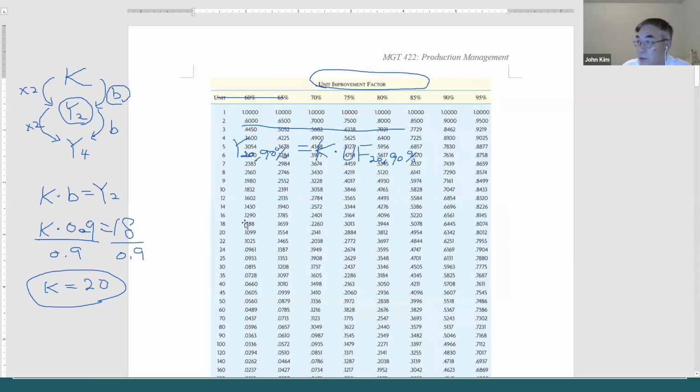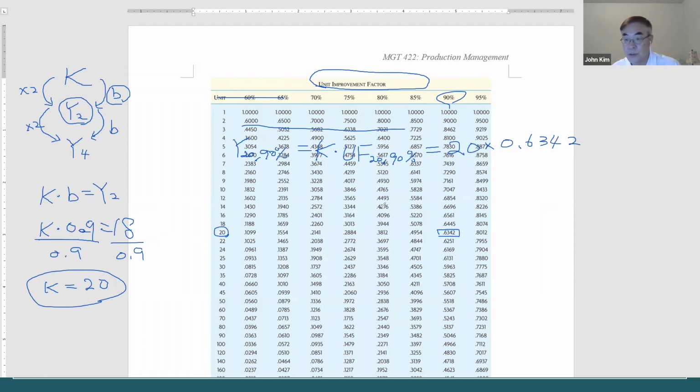So 20 at 90%, that is this one. So equals 20 times 0.6342.